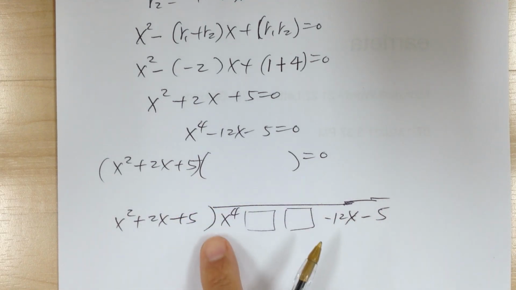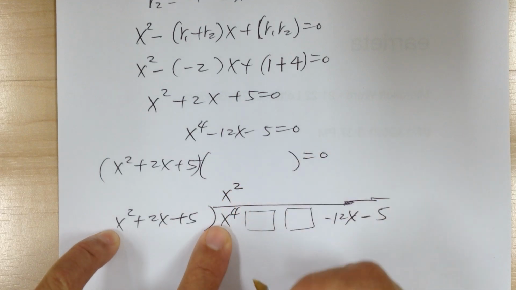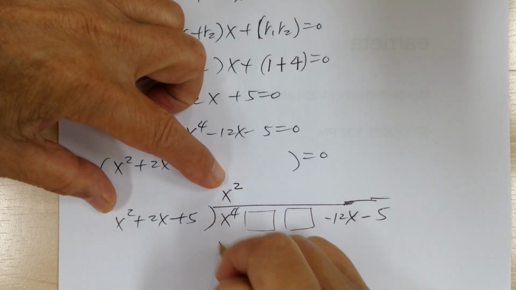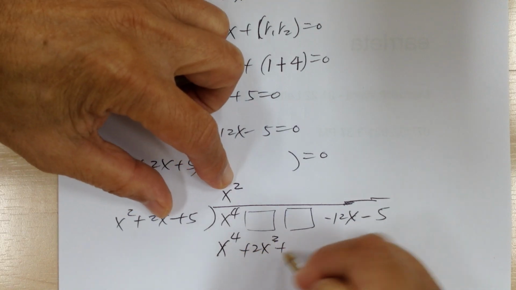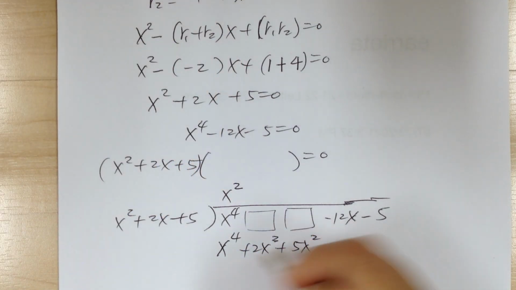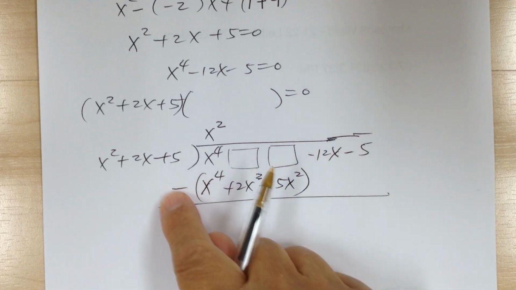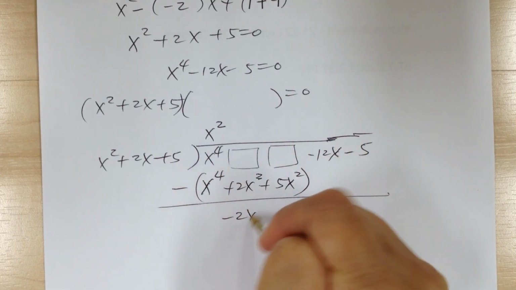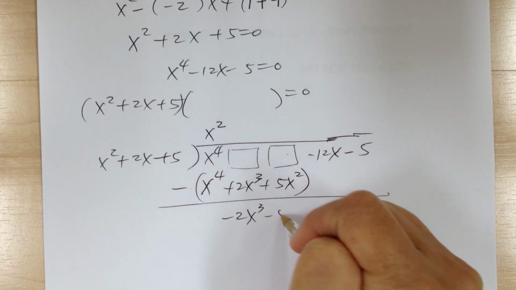Okay, so now we're going to divide. Look at the first term: I need to have x squared. When I multiply, I get x to the 4 plus 2x to the 3 plus 5x squared. Draw the line, put parentheses, subtract. So 0 minus 2 gives me negative 2, and 0 minus 5 gives me negative 5.